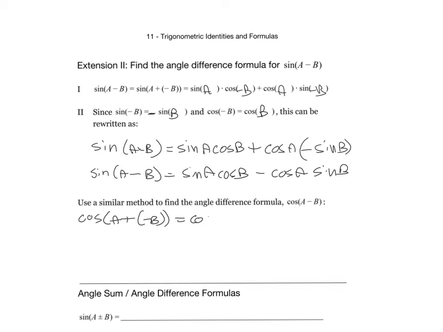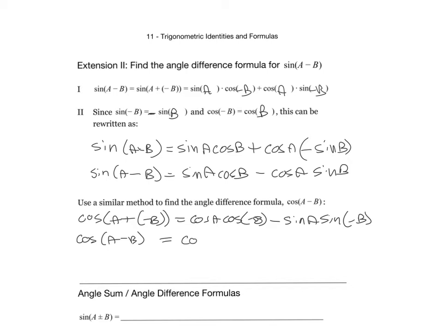So it's cosine A cosine negative B minus sine of A sine of negative B. Now I'm going to take the same things that I figured out here and apply them down here and rewrite. So this is actually cosine of A minus B, of course. Now, cosine of negative B is just plain cosine of B. That's what we learned in the last section, section A, sorry.